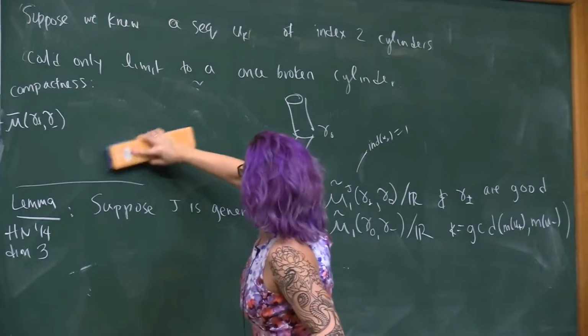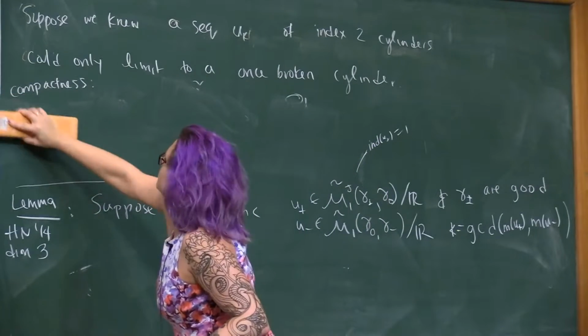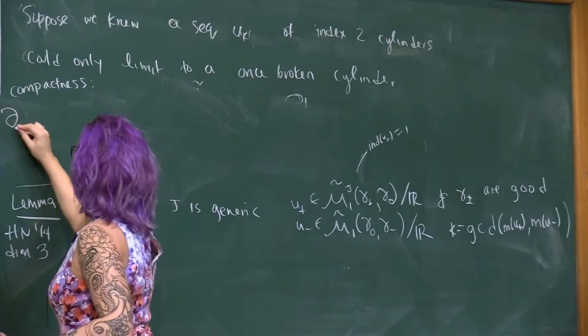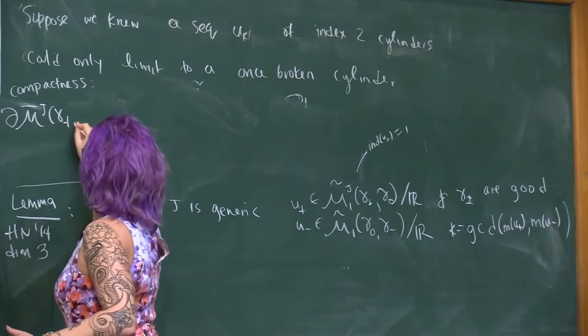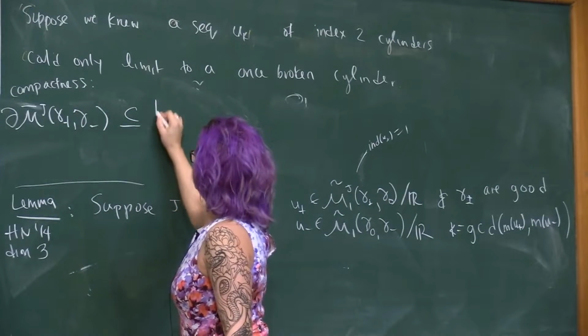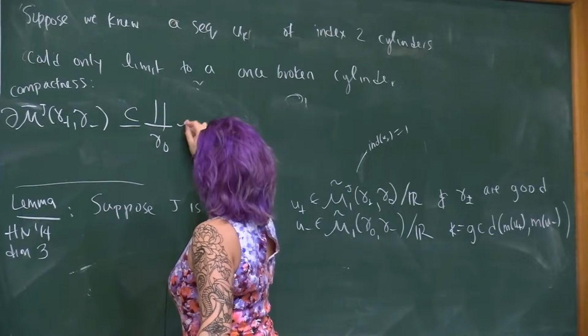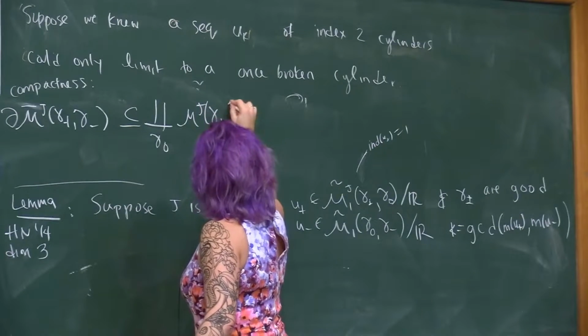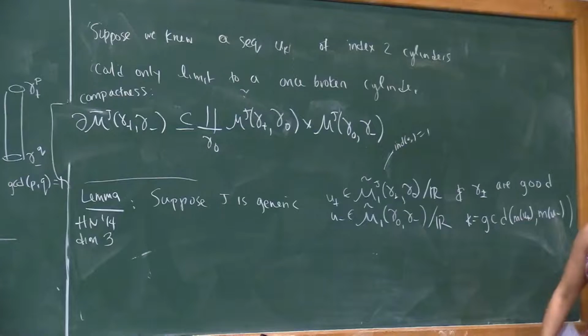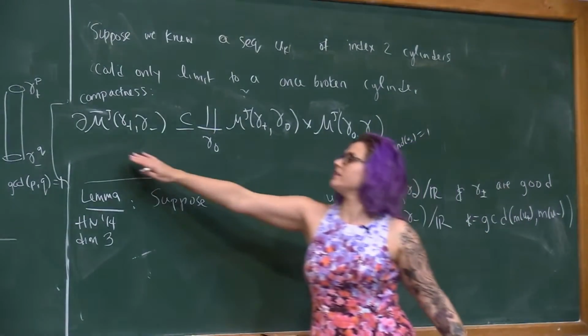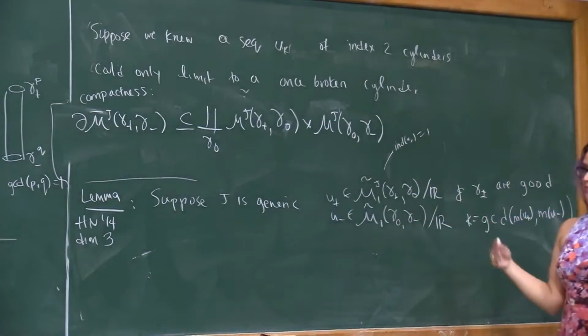Okay, so compactness tells you that if you have some sequence of elements in this moduli space, they can limit to some sort of broken curve.